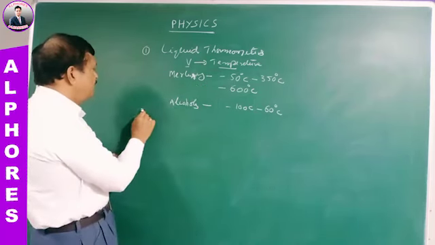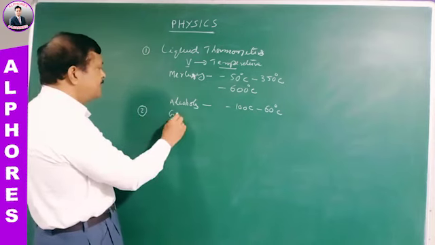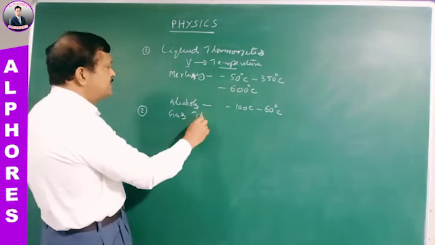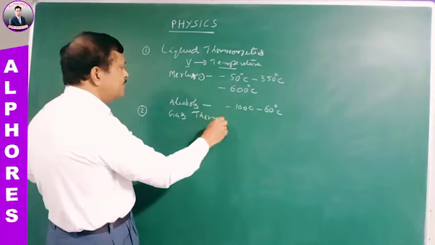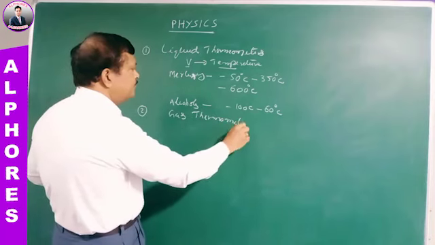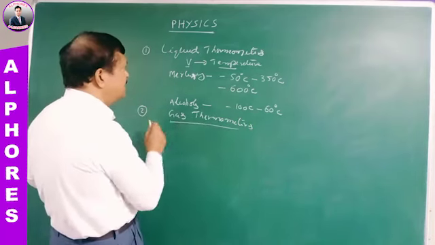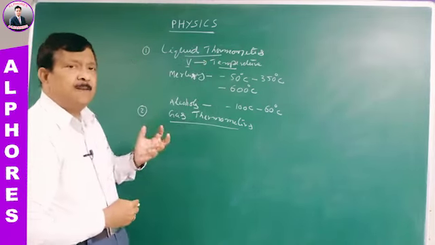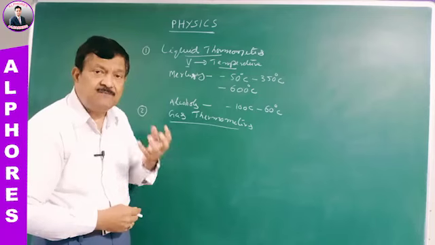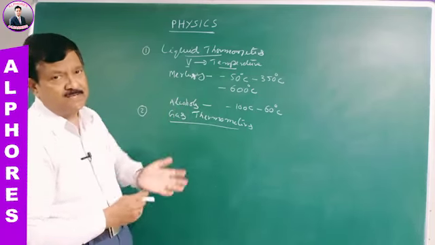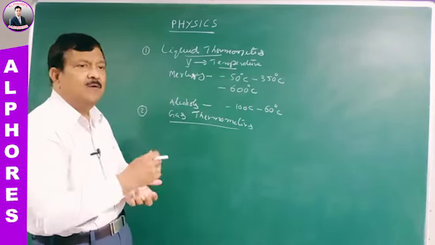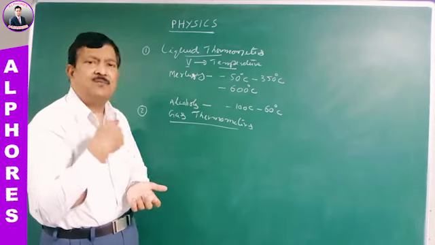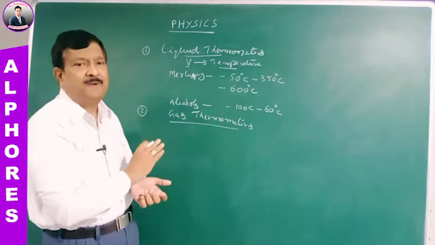And next we can use gas thermometers. What are gas thermometers? Very clearly, here we are using the principle of expansion of gases with temperature. As we said, we can measure the temperature only by measuring the effect of temperature.